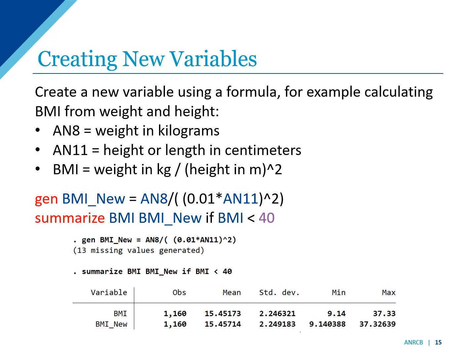In this example, we can use the actual formula for BMI of weight in kilograms divided by height in meters squared, because we have weight in kilograms in the mixed data, which is variable AN8, and length or height in centimeters, variable AN11, which we can convert to meters squared.